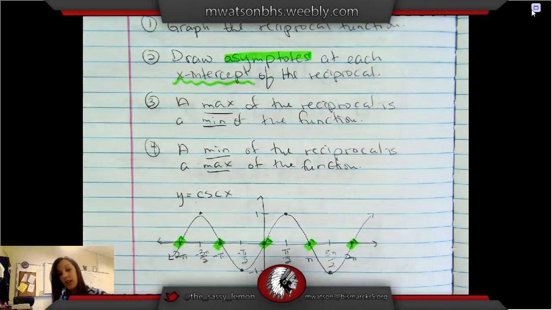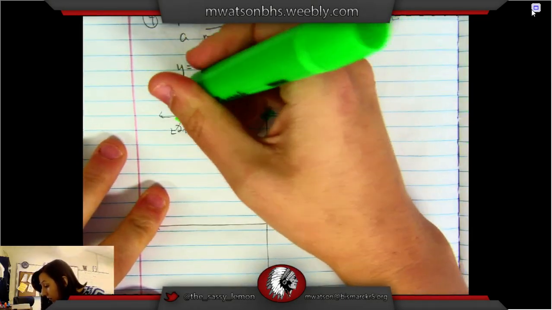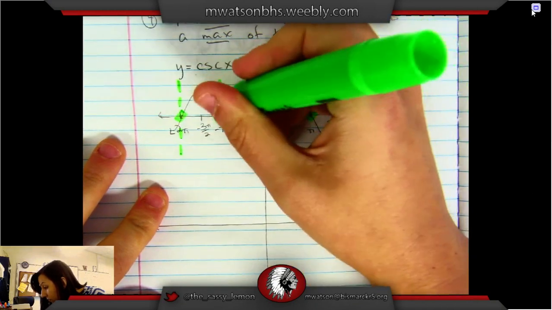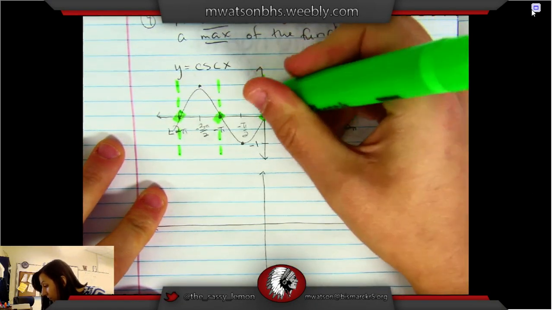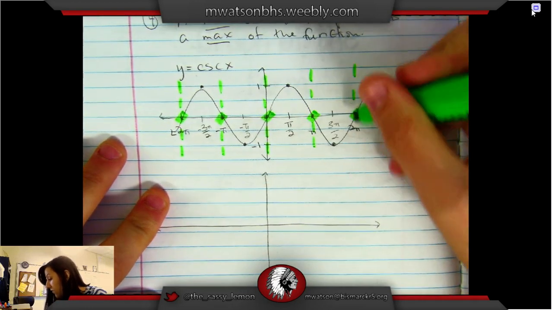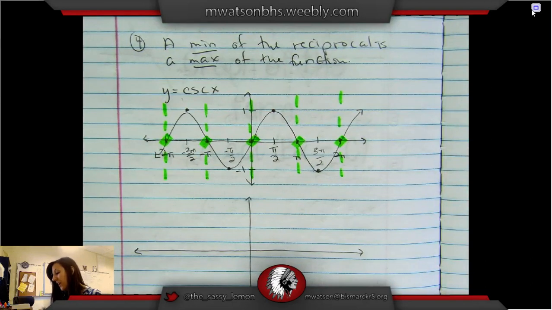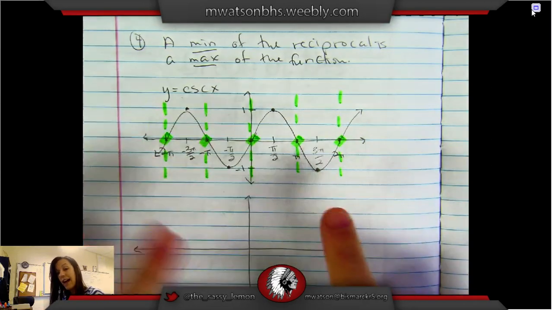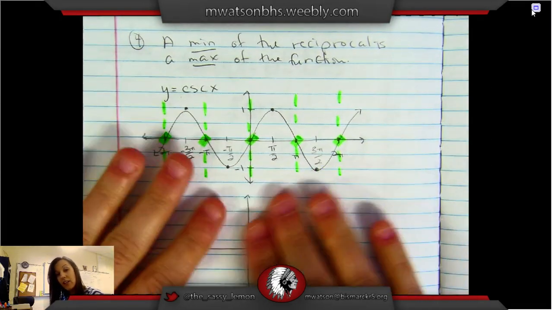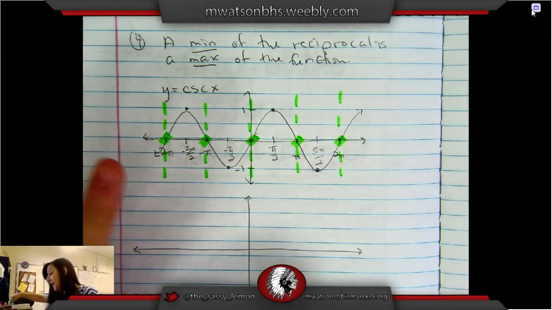So at all of these points, we're just going to draw asymptotes. Okay, so looking weird so far. Remember, this sine function is not actually part of our graph. It's just there to help us graph cosecant more quickly.